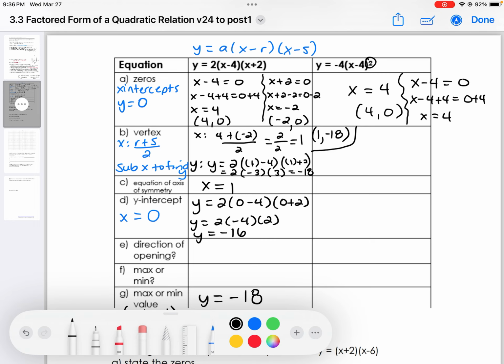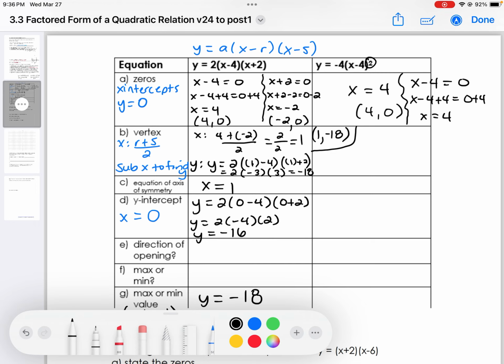And if you like to read your textbook as well, it actually writes a formula to calculate the y-intercept as r times s times a. You can do that, but again, you don't have to do that. You're just subbing in where x is 0 like you would have done in grade 9. Okay? But if you're a textbook reader and you want to do that, you can definitely do that too.